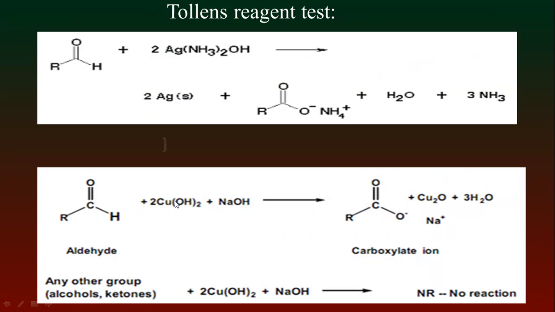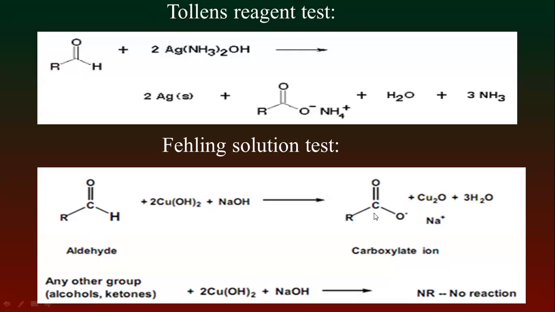And the next test is the Fehling's solution test. What is Fehling's solution? Basic cupric hydroxide solution is called Fehling's solution, and when Fehling's solution is added to any aldehyde compound, then a red precipitate of cuprous oxide is produced.